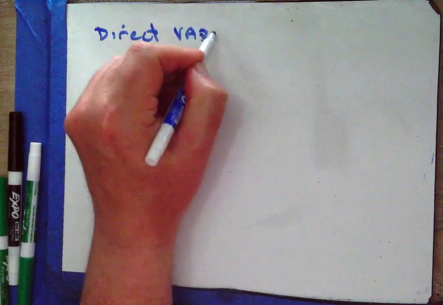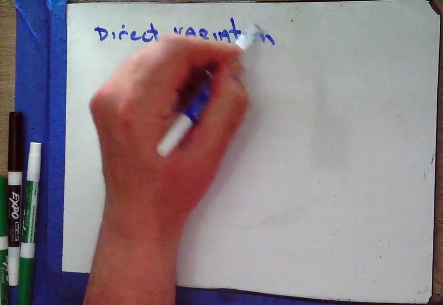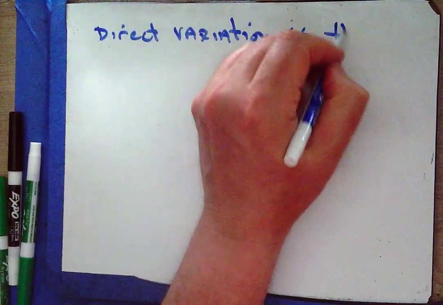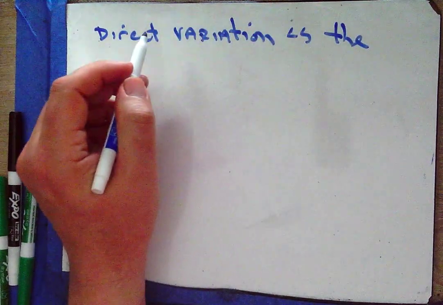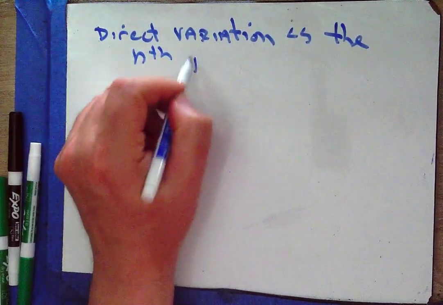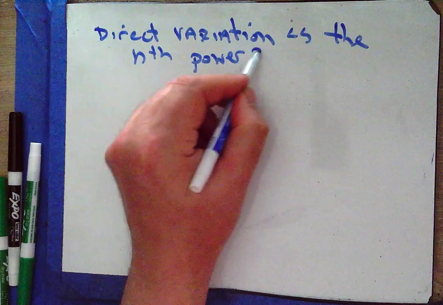Our next type of variation is direct variation as the nth power. Huh?